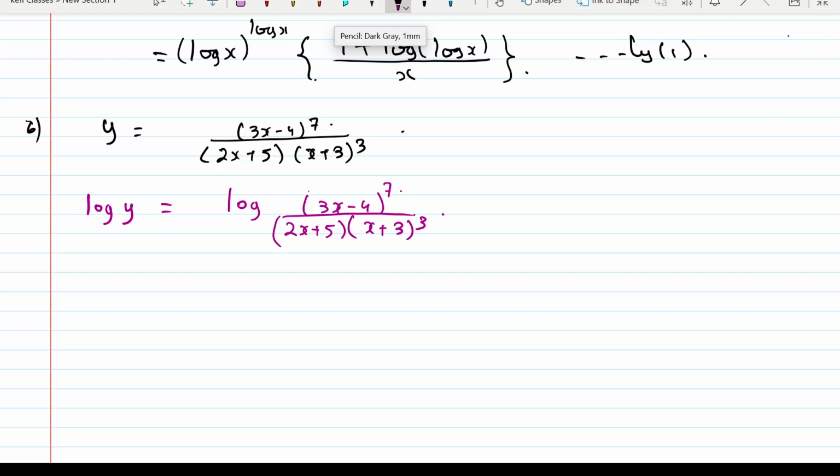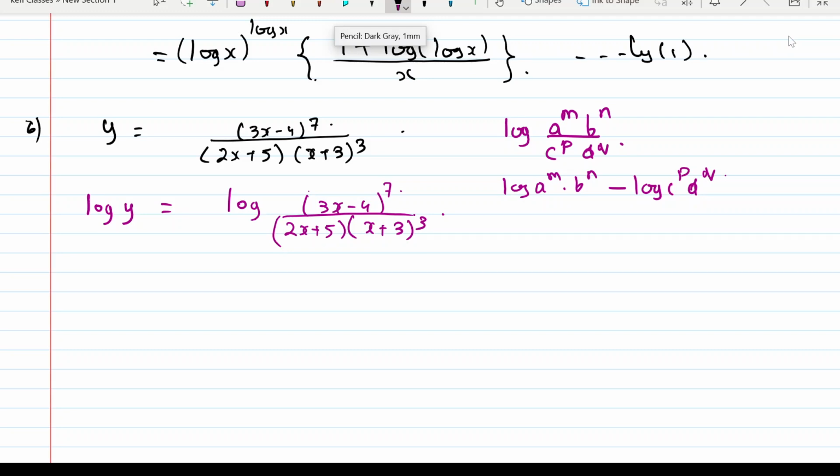Now in this case we use the laws we learned. In general, remember this: for a raised to m, b raised to n upon c raised to p and d raised to q, the log will be log of a raised to m into b raised to n, minus log of c raised to p into d raised to q, because log of m by n is log m minus log n.